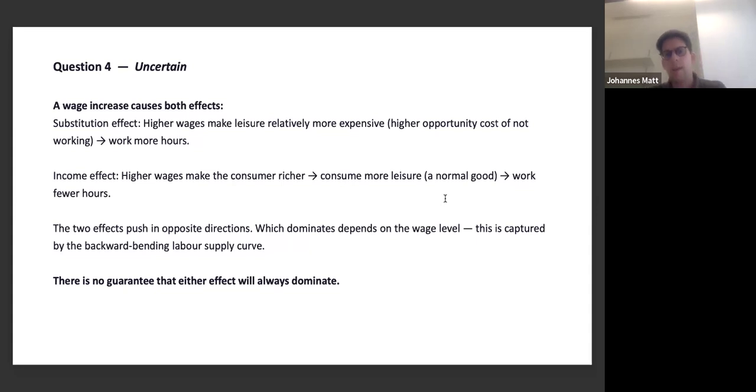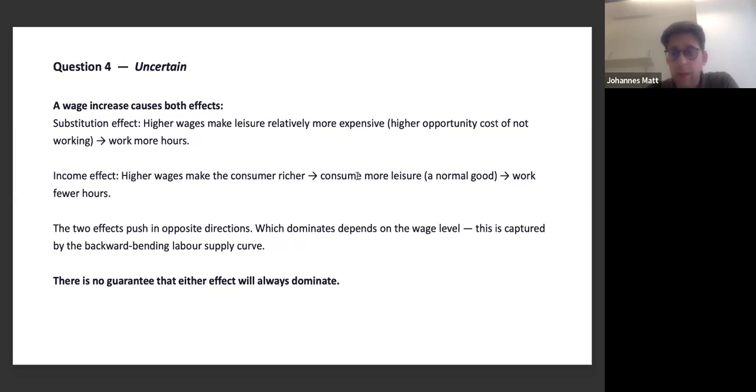Is that correct? So there's a two-layered answer here. First of all, you're partially correct saying that the key assumption here is that leisure is not an inferior good, but it is not necessarily the case that it's a luxury good. It just has to be a normal good, right? So as long as your demand for more free time does not decrease with more income, the result is going to be ambiguous here.